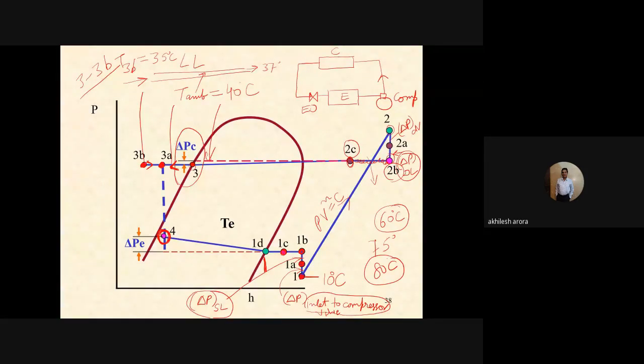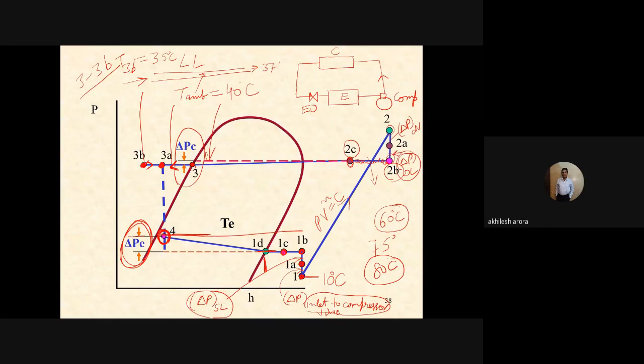The refrigerant evaporates, and when it passes through the evaporator coil, its pressure drops. You can see this is the pressure at the entry to the evaporator, whereas at the exit the evaporator pressure is 1D. So this is the drop in the evaporator pressure, shown here.